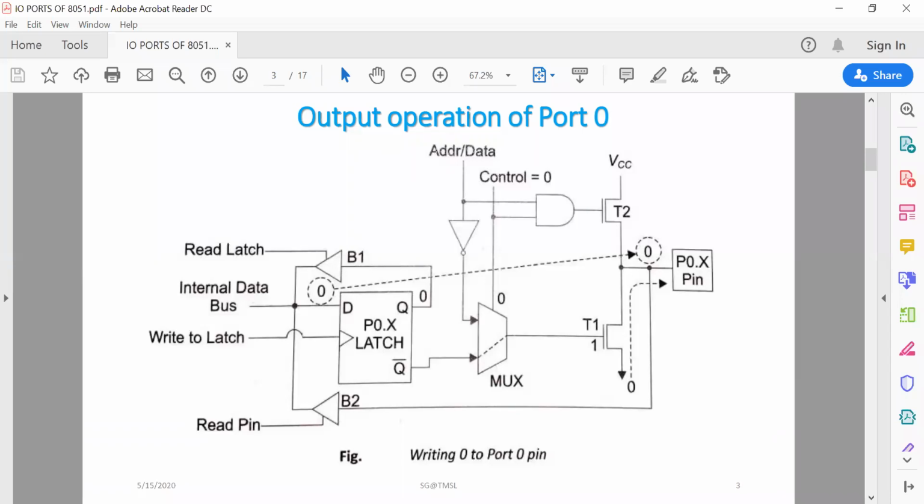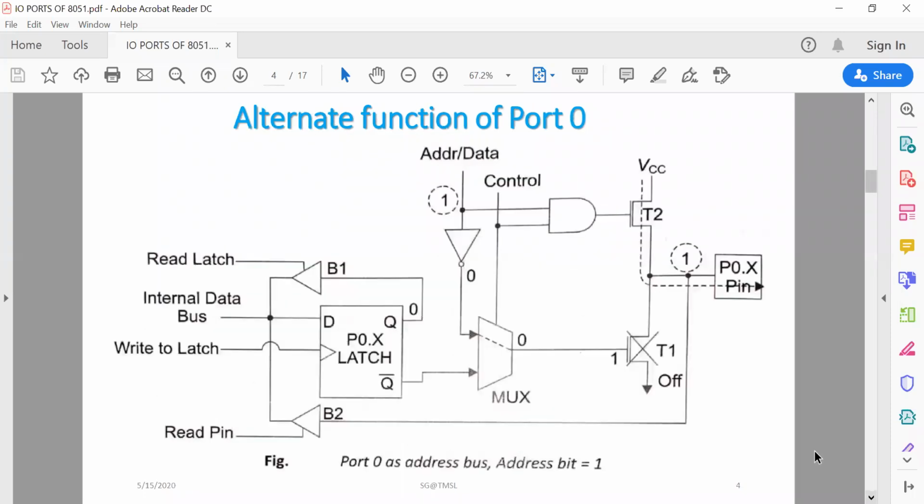Now what happens if port 0 is used as an alternate function, that means it is used as your lower order address bus, AD0 to AD7?